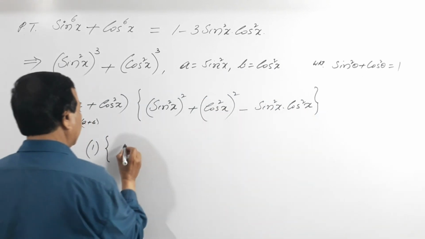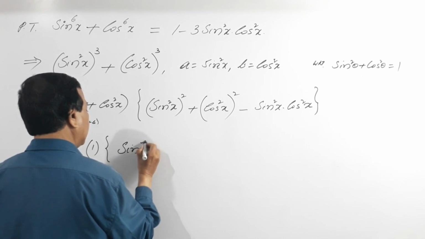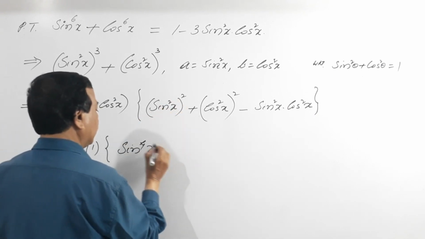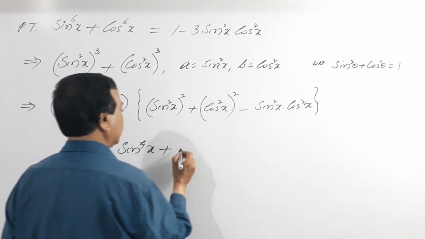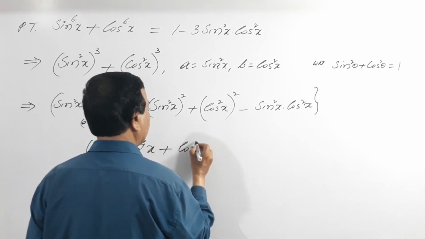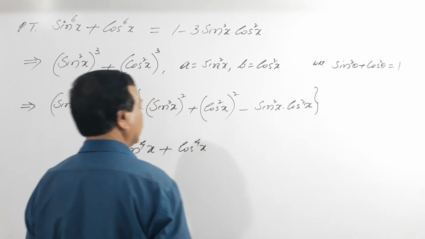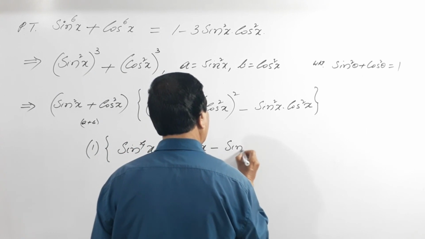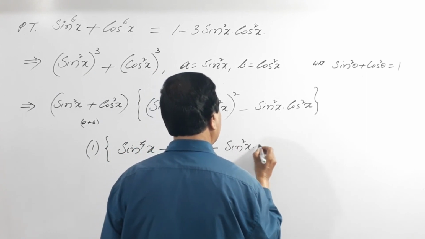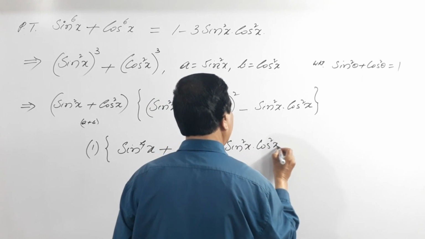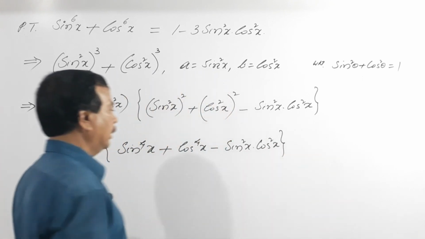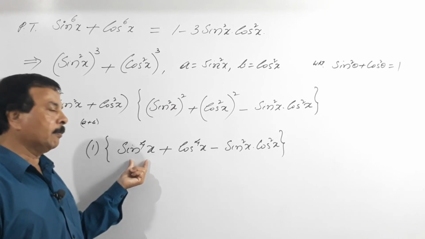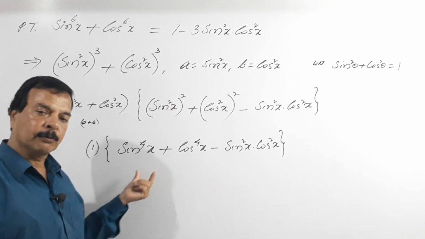So this becomes sin square whole to the power of 2, that becomes sin to the power of 4x plus cos to the power of 4x minus sin square x into cos square x. Done. So हमने प्रीवियस प्रॉब्लम में किया है, उसको उसी तरह करना है.